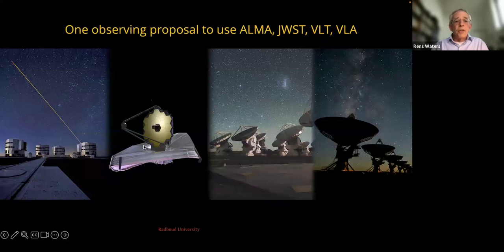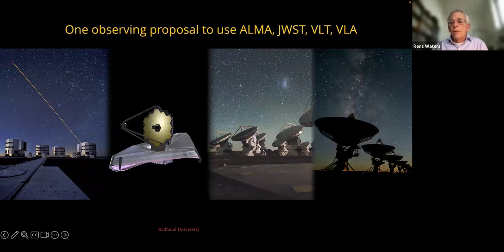By the way, if you are interested in using those telescopes, there are now opportunities to put in observing proposals where you can actually tick off boxes for the James Webb Space Telescope, the VLT, the ALMA, and the VLA in one go.